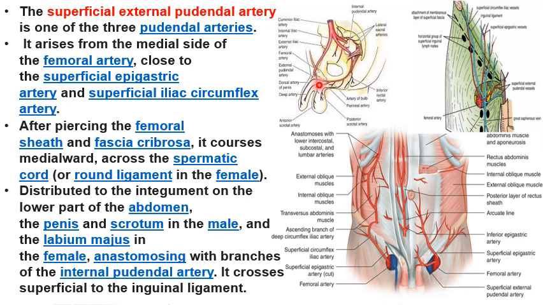So here the superficial external pudendal is a branch of the femoral artery, which is the continuation of the external iliac. So there is communication happening between the branches of the internal iliac and the external iliac arteries here.